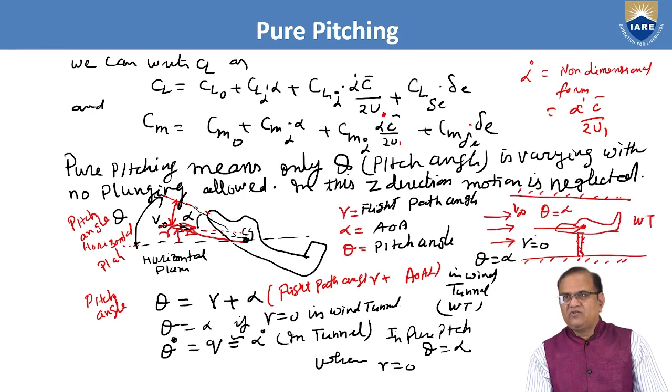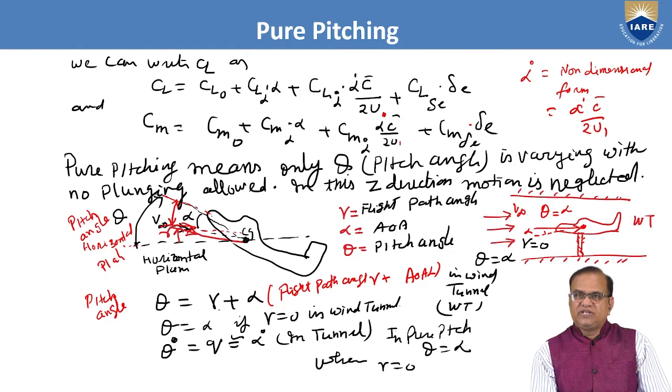So whatever you are giving as alpha will also be equal to theta. So here theta is equal to alpha if gamma is 0 in the wind tunnel. We can see that in the wind tunnel this case is possible. So theta is equal to alpha when gamma is equal to 0.